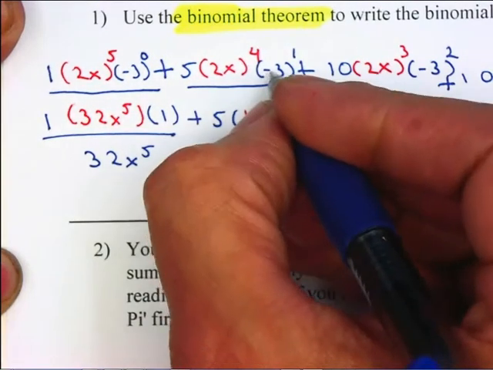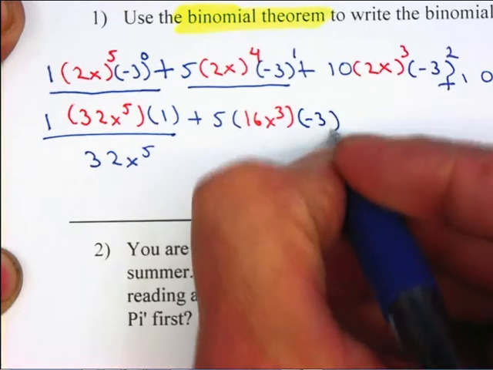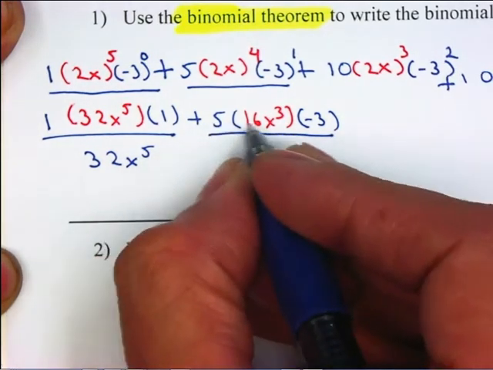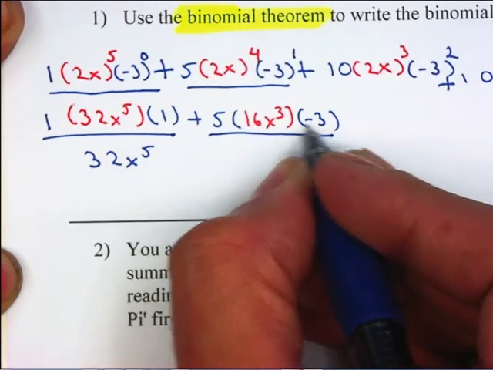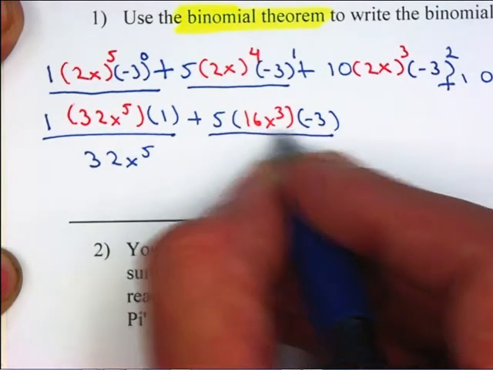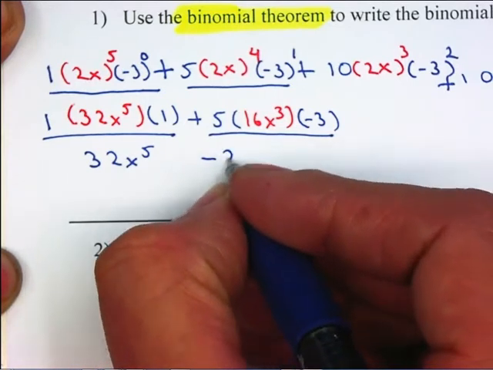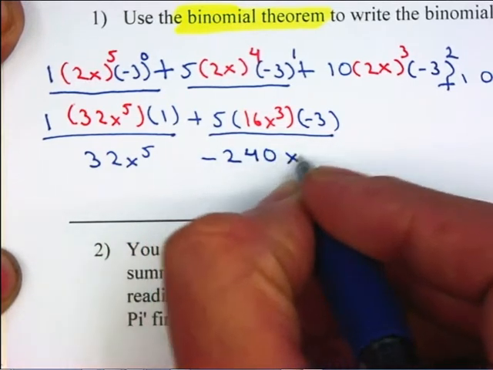And now, negative 3 to the first power will be negative 3. You're going to multiply all three numbers. 5 times 16 is 80, times negative 3. 80 times negative 3 will give me negative 240x to the fourth power.